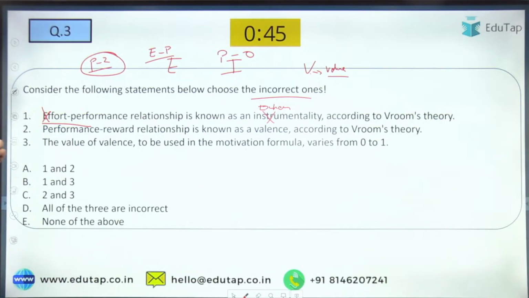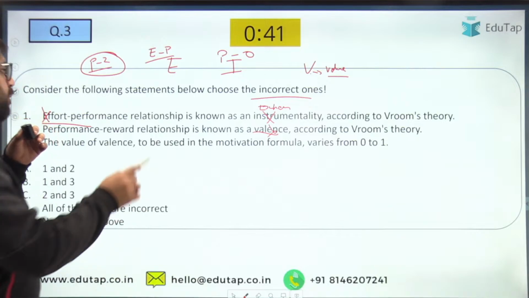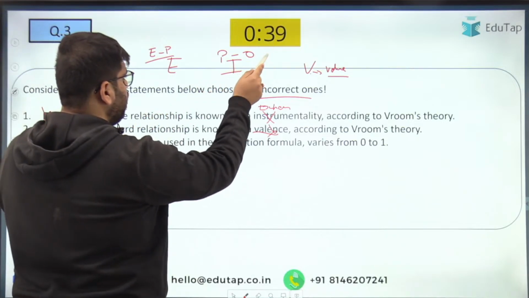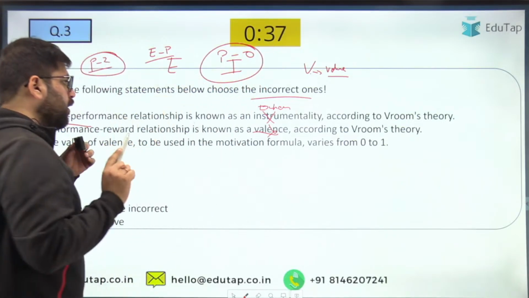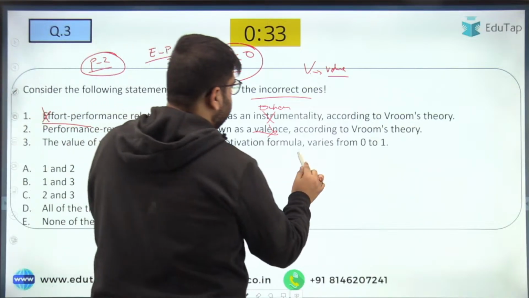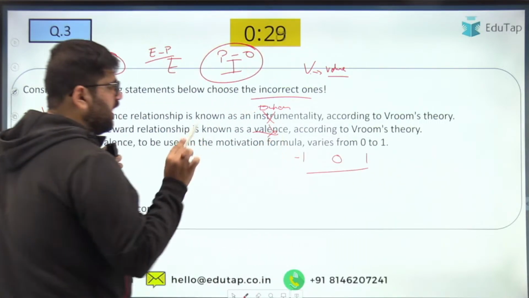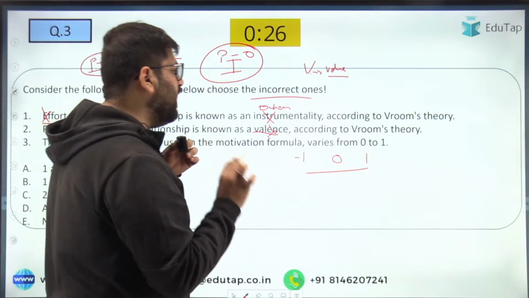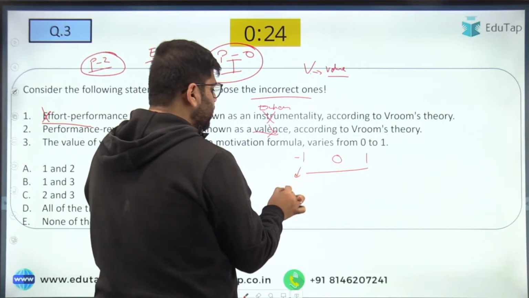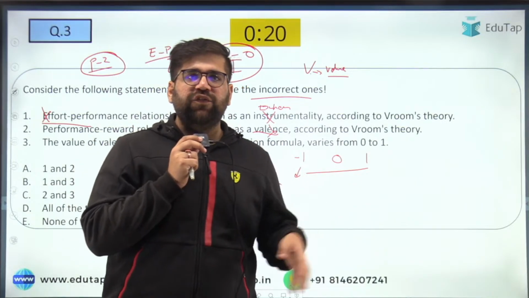Performance reward relationship is also known as valency. No. Why? Because we already know performance to reward is known as your instrumentality. And the value of valency to be used in the motivation formula varies from -1 to 0 to +1. These are the 3 values which the valency can have. -1 basically means that you are kind of avoiding that particular outcome, like failures in the exam.